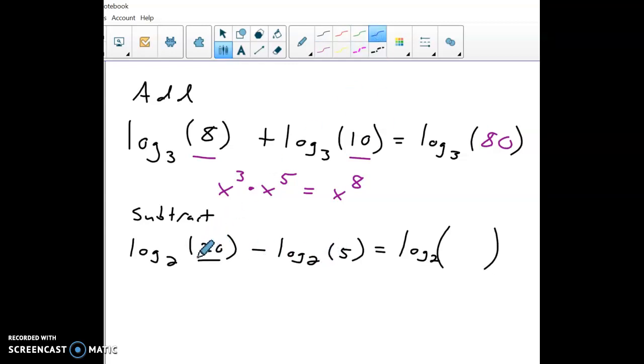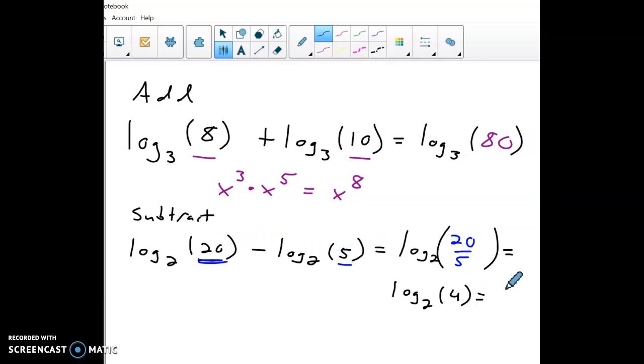It kind of makes sense if you think about the last one. On the last one, it was an add, and we multiplied the two parts. So here, when it's subtract, we're going to divide the two parts. We're going to do 20 over 5, and then that actually cleans up quite a bit. Log base 2 of 4, which you could leave that way, would be fine. 20 divided by 5. That's the main thing, is to know that these two parts divide.